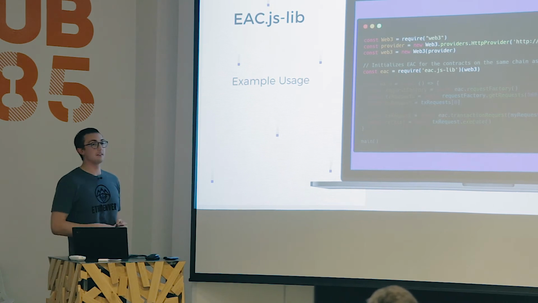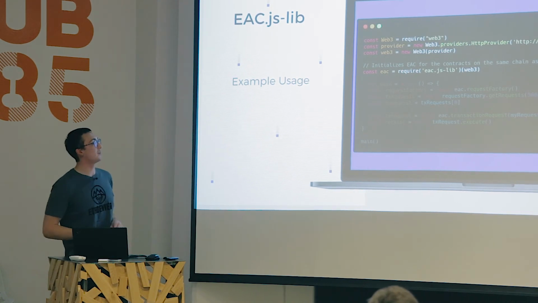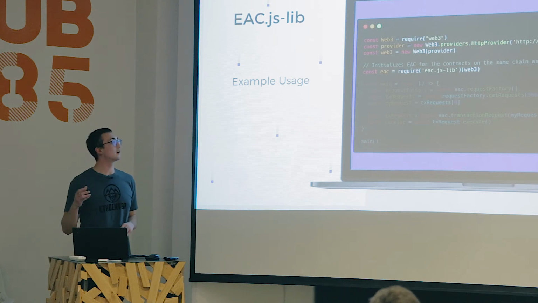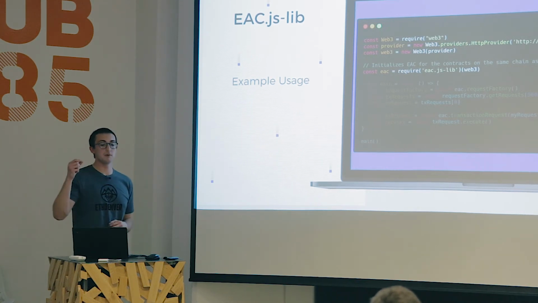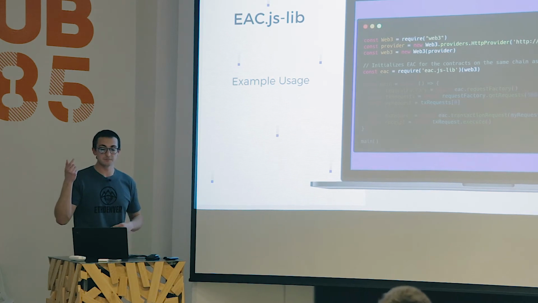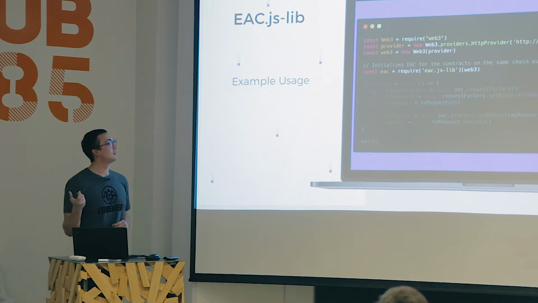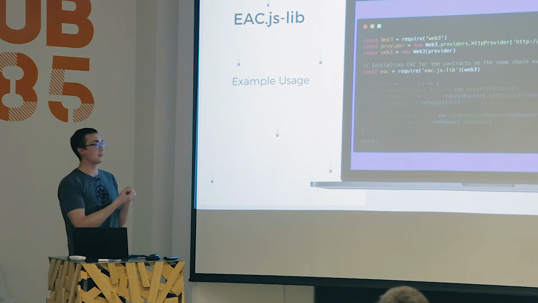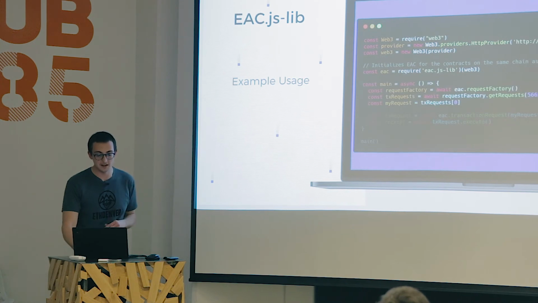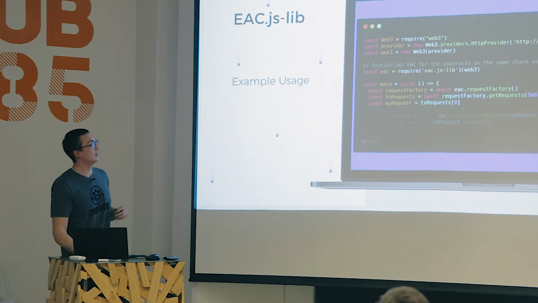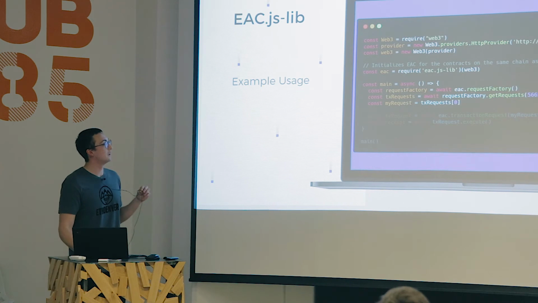You pass this into the EAC library for Ethereum Alarm Clock. The EAC library will right away recognize which network this Web3 object is on and pull up the latest contracts from the repository. And then right away you can use it to get those contracts.